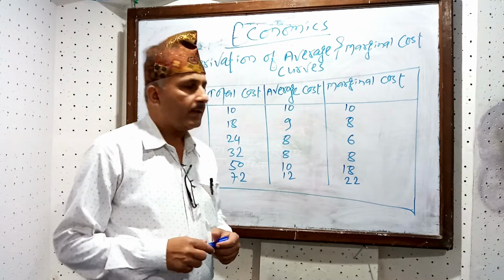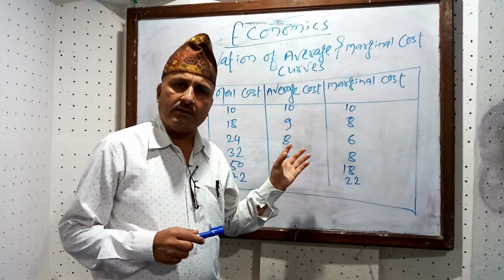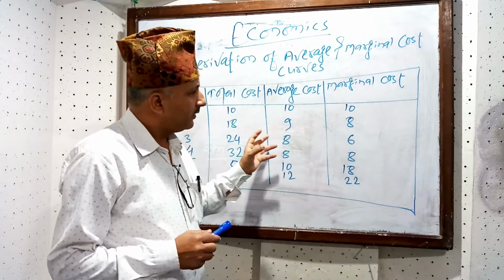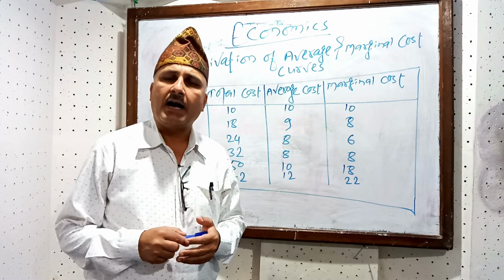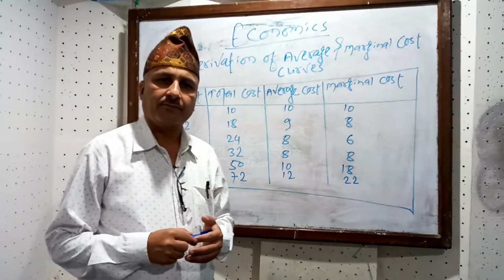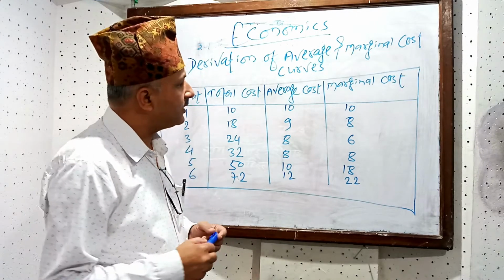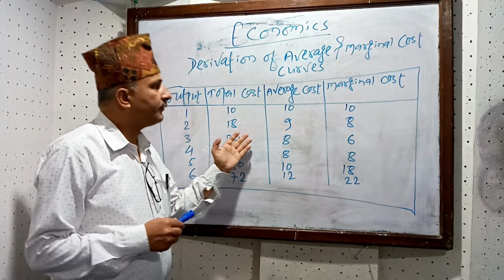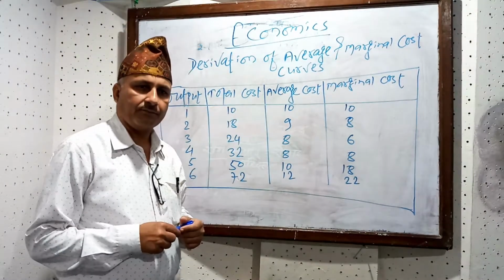Dear students, had you prepared your previous lesson? That means I had given you a home assignment, and that assignment was drawing, or derivation, of the average and marginal cost curve.